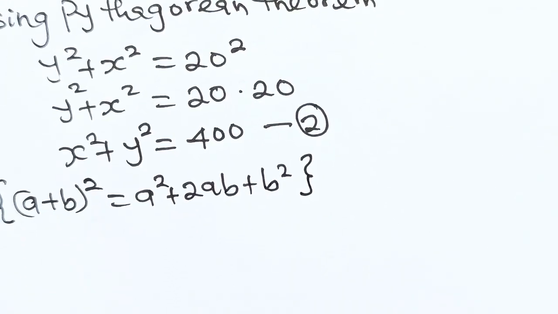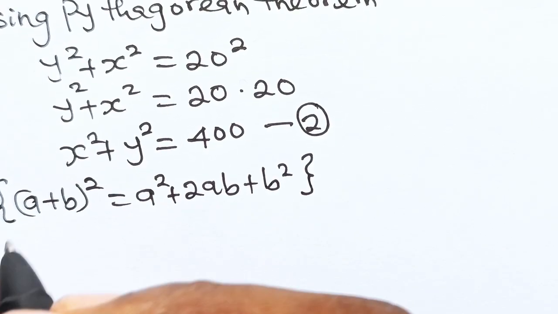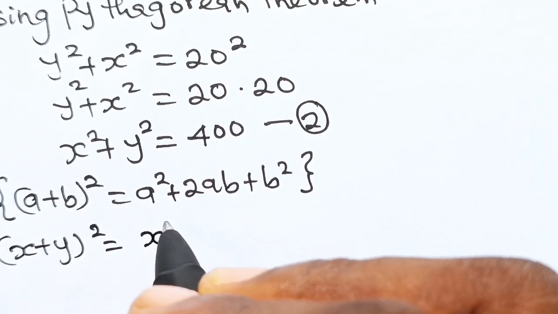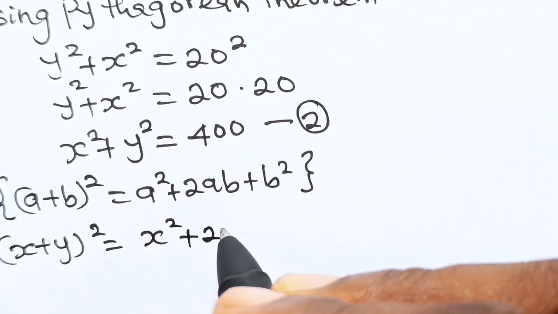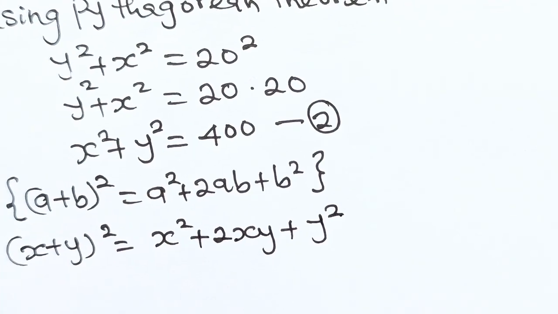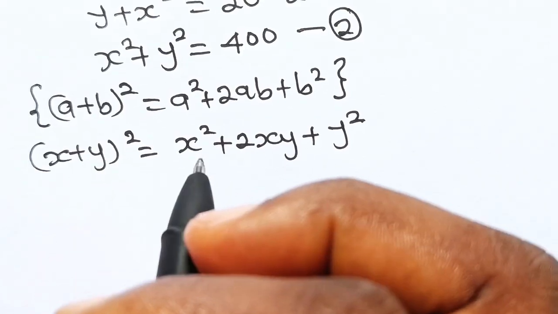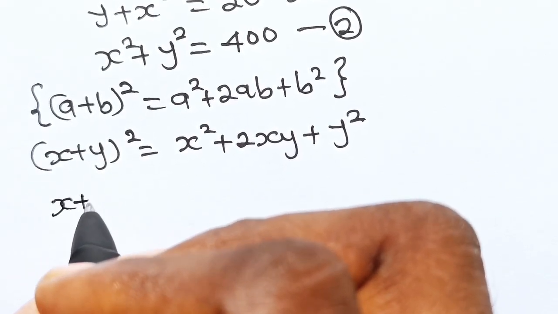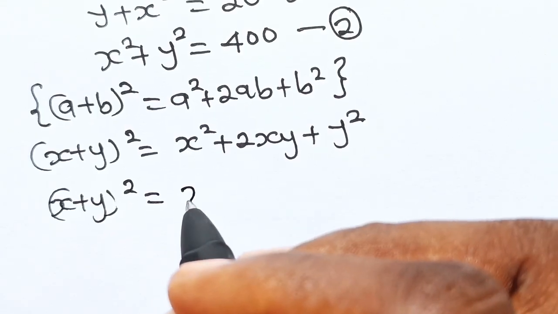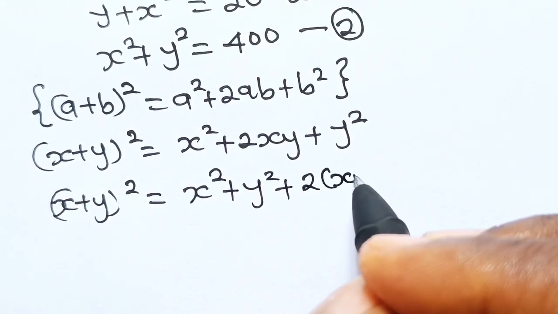It means that x plus y squared is equal to x squared plus 2xy plus y squared. We can write this as x squared plus y squared plus 2 multiplied by xy.